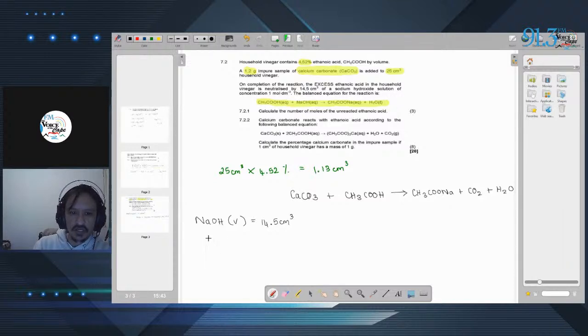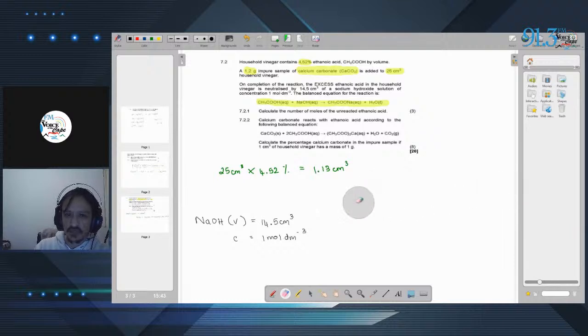And it had a concentration of 1 mole per decimeter cubed. Well, guess what we can do here? We can now figure out the number of moles of sodium hydroxide that was required to neutralize the excess acetic acid. That's just from the information they gave us here. So I'll remove this equation. It may not be necessary at the current moment.